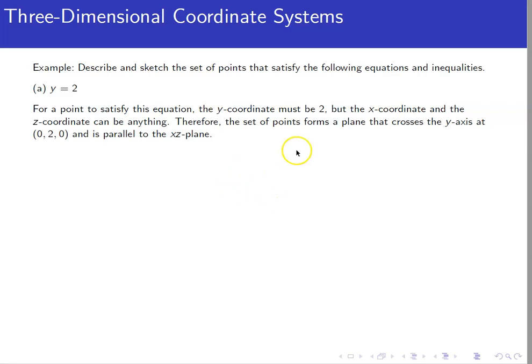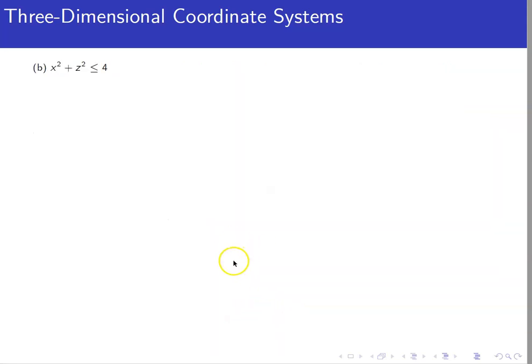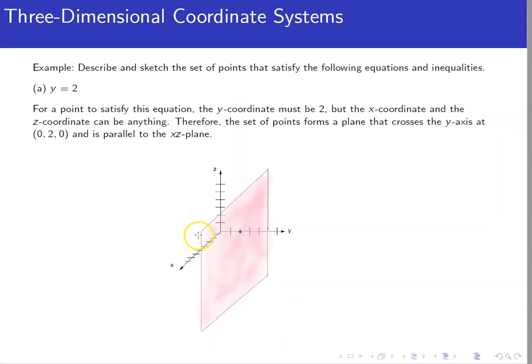So we end up getting a plane that crosses the y-axis at the point 0, 2, 0, and is parallel to the xz plane. Looking at that picture here, here's what would cross the y-axis. We get something drawn in here that would be parallel to the xz plane. And here I'm trying to show that it's going back and forth forever in this direction, up and down forever. But the y-coordinate's always 2 no matter what.